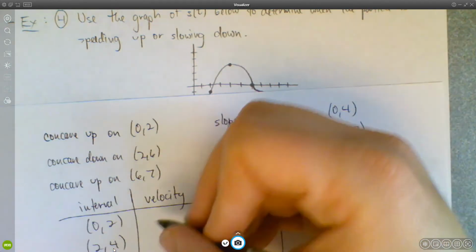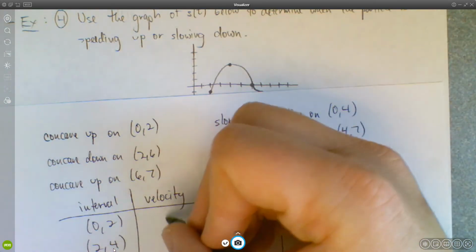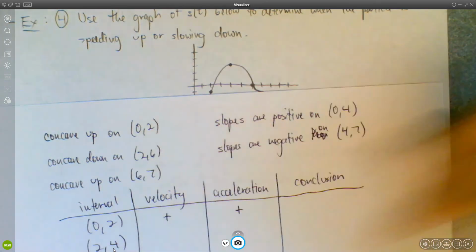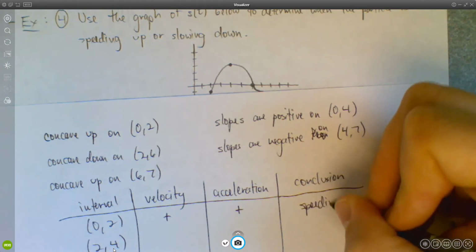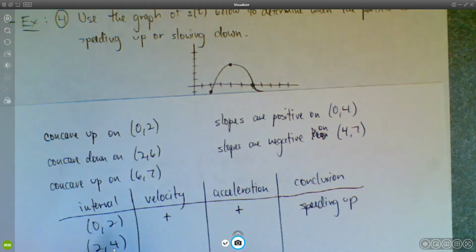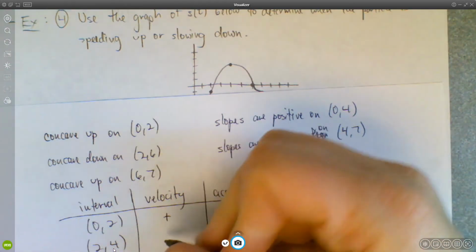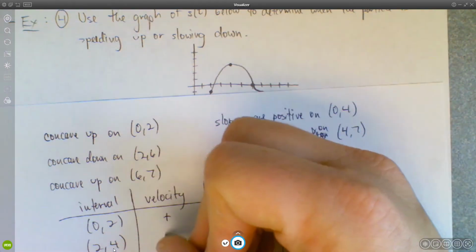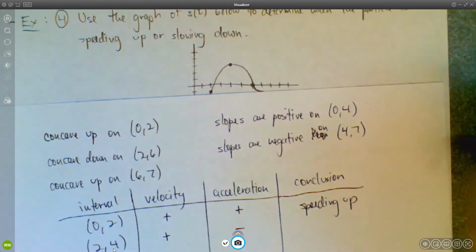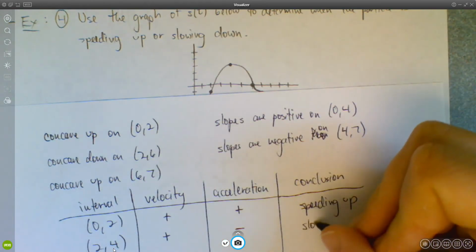From 0 to 2, the velocity is positive, the acceleration is positive, and so the conclusion is that we're speeding up. From 2 to 4, the slopes are still positive, so the velocity is positive, but the acceleration is negative, and so we're slowing down.